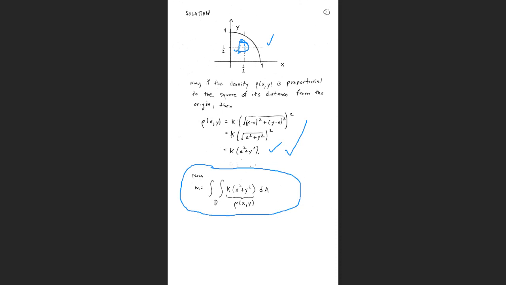So what we have to do now is integrate this double integral. Are there any questions before I go to the next page?